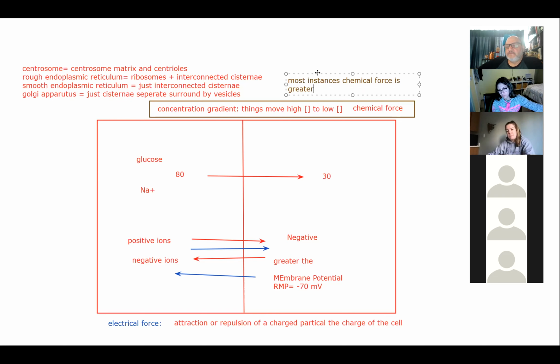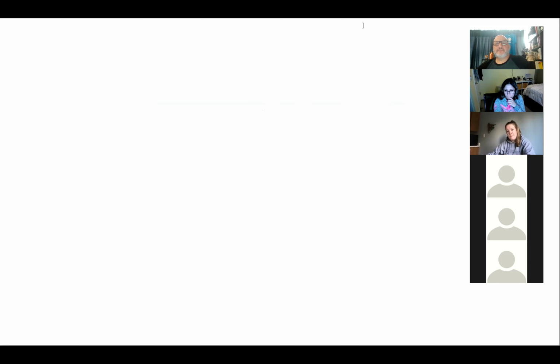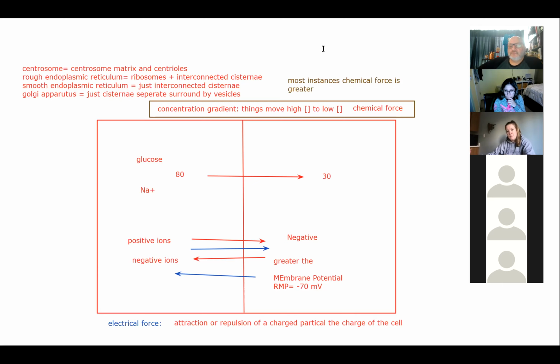Questions on that? Any more questions on that before we change concepts? So with your definition of the electrical force, I'm sorry, is charge there also meaning the membrane potential? Yes.